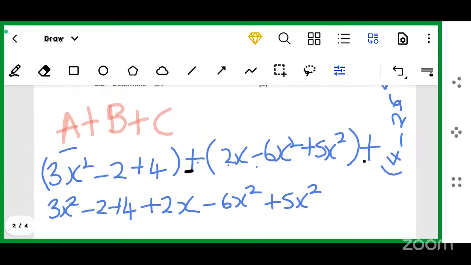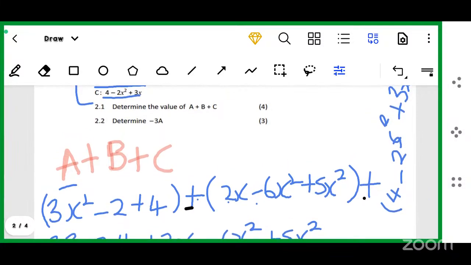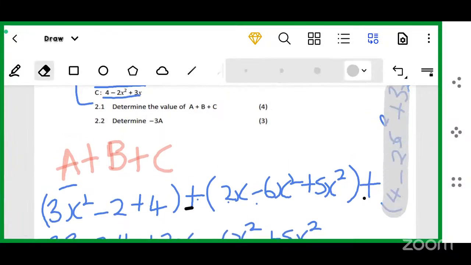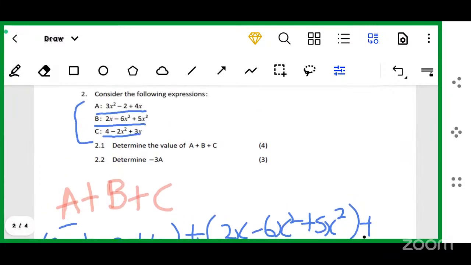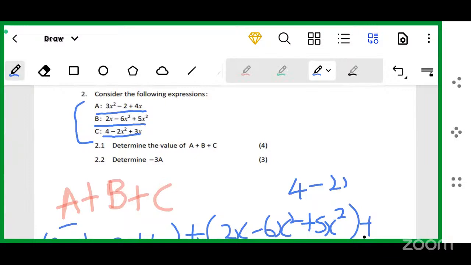So now we have this one. Let me write it in the order here. So it is 4 minus 2x plus 3x, which is inside the bracket and it's supposed to be here.